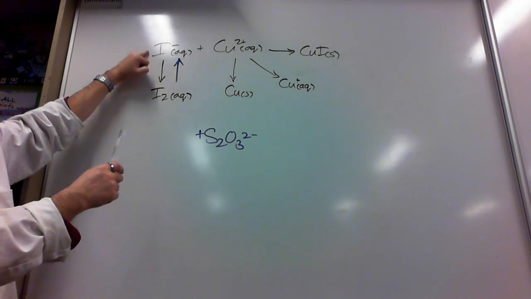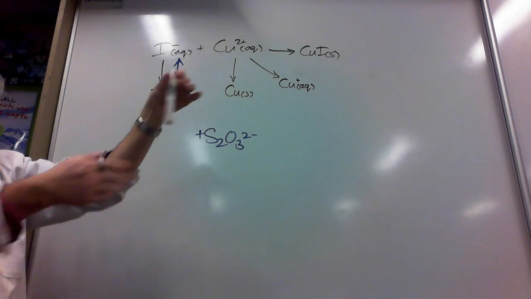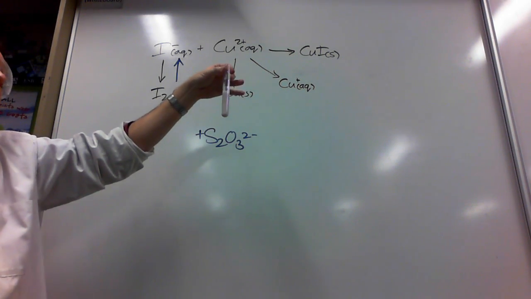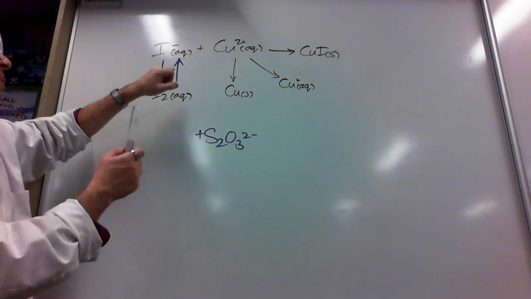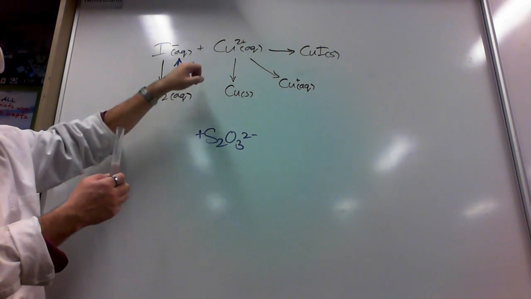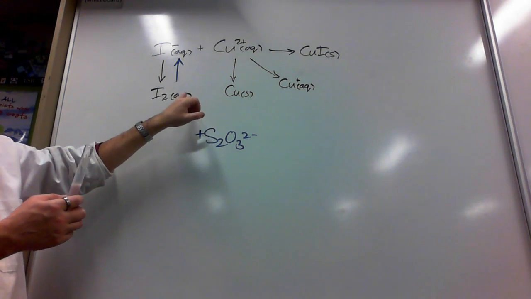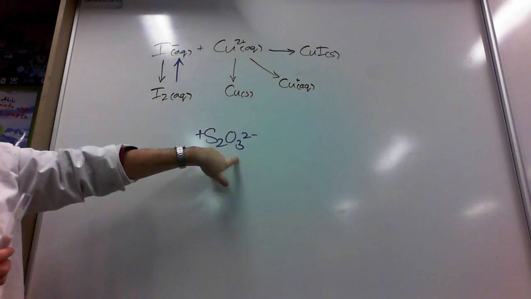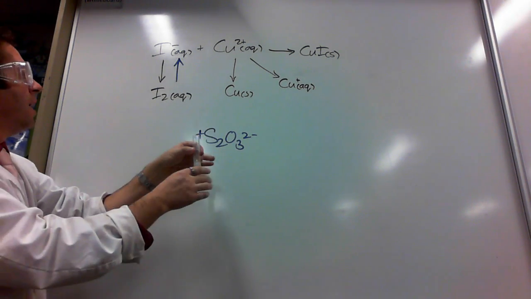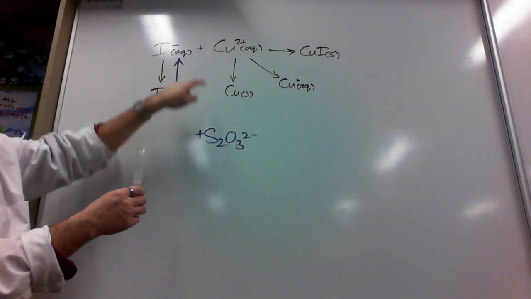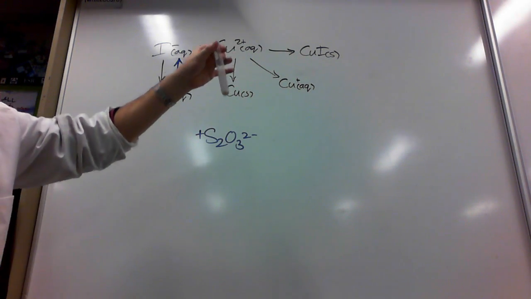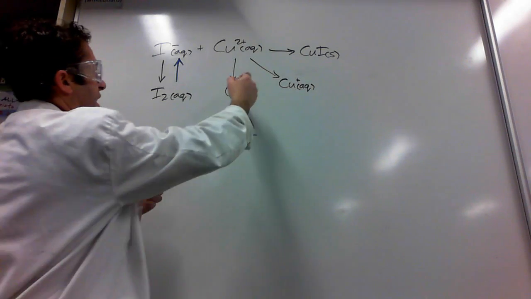I know that iodide is highly soluble, so that's not affecting my result. I know it isn't, because it's so soluble in the concentrations we're working in. So now the iodine's gone, thanks to my thiosulfate. Therefore, I can't see flecks of copper in there, so I can discount that one.